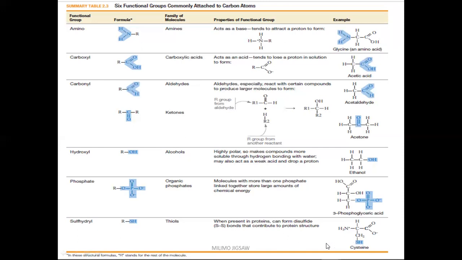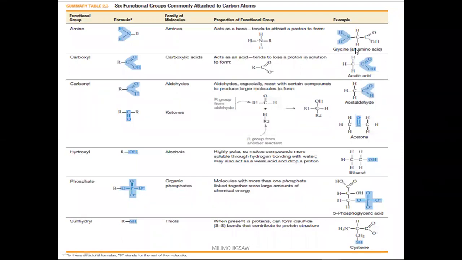For example, this functional group is found in cysteine. So you need to know these functional groups and which biomolecules contain them.